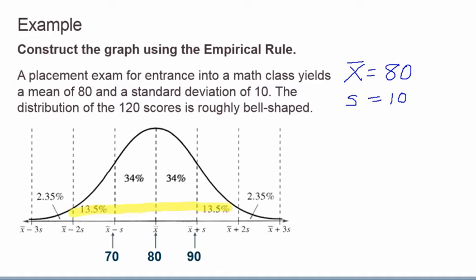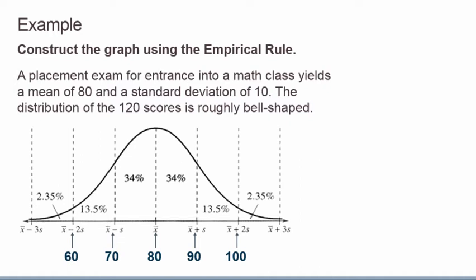95% of our data lies within two standard deviations of our mean. This means that 80 plus 2 times 10, or 90 plus 10, will give us 100. And 80 minus 2 times 10, or 70 minus 10, will give us 60.